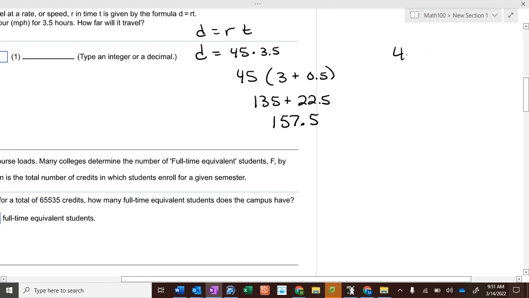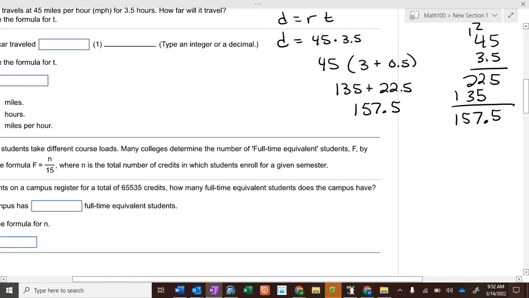Or you could take 45 times 3.5 and go 5 times 5 is 25, carry the 2. 5 times 4 is 20, plus 2 is 22. 5 times 3 is 15, carry the 1. 4 times 3 is 12, plus 1 is 13. And if you add and you put the decimal, since there's one decimal place up here, there's one decimal place down here.